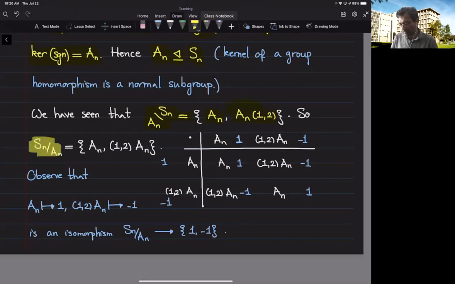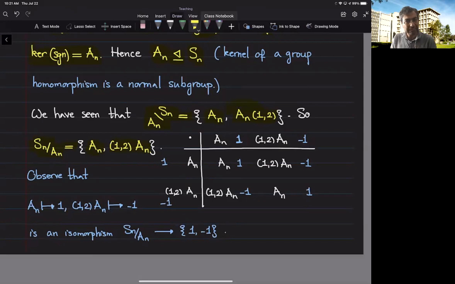So the set of left cosets of A sub n consists of two elements. One of them is the coset that's represented by the neutral element, and the other one is the coset that's represented by the transposition (1 2).